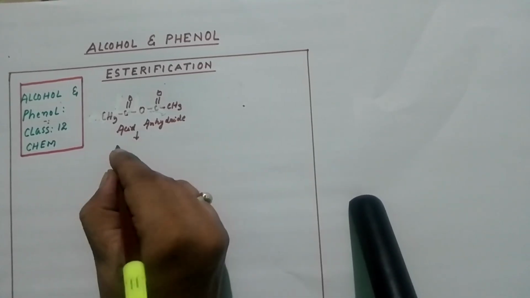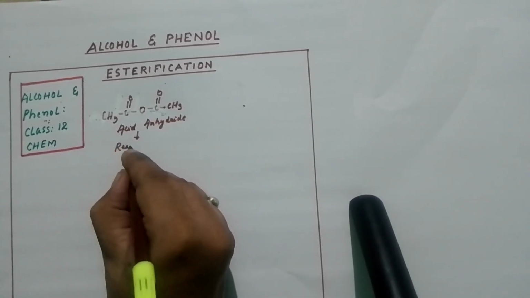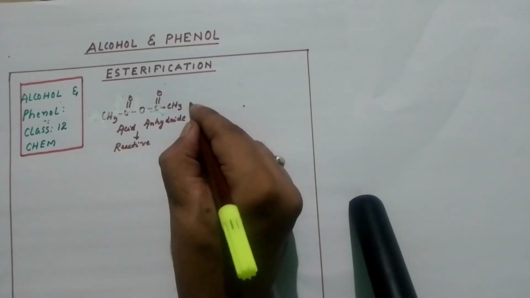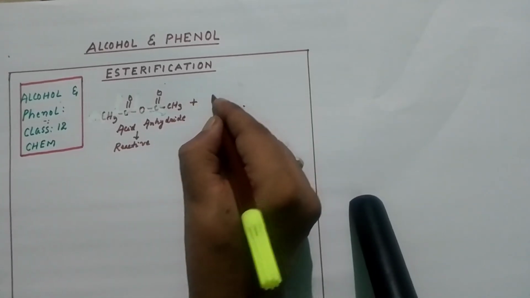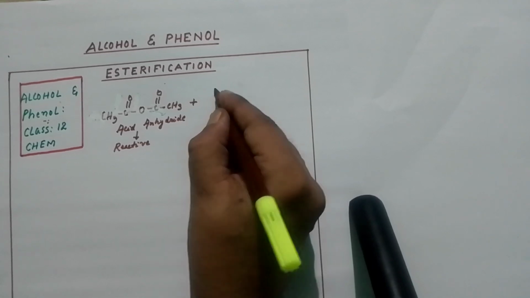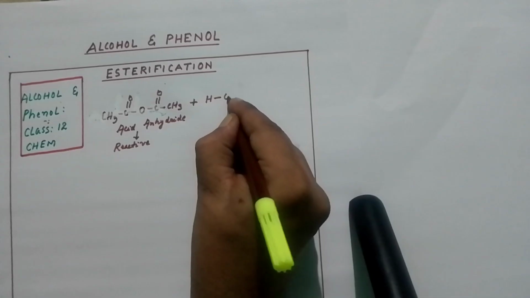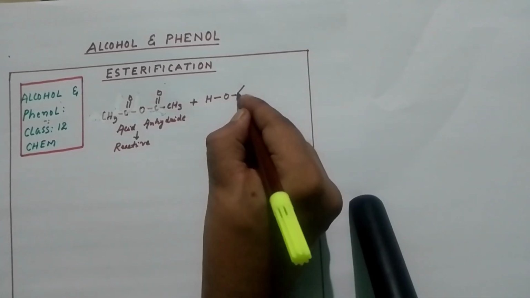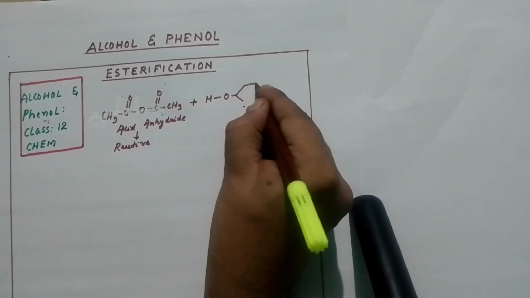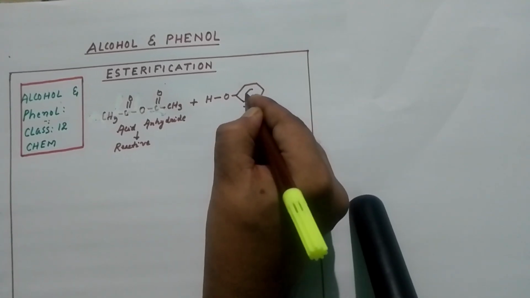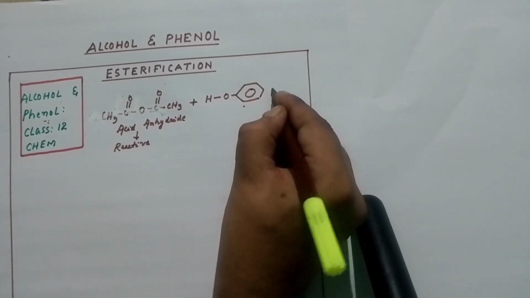Last time we did it with alcohol. This time we will treat it with phenol. So phenol is nothing but an OH attached to the benzene ring, right?